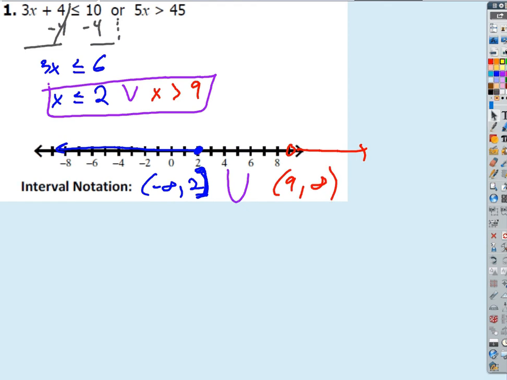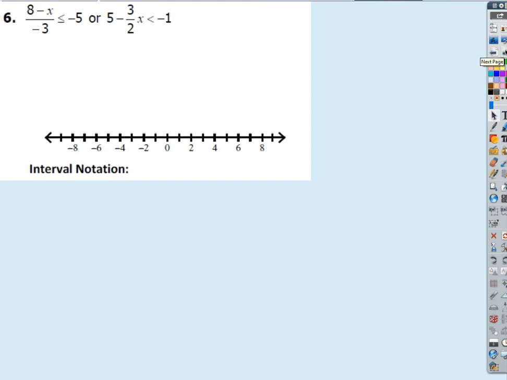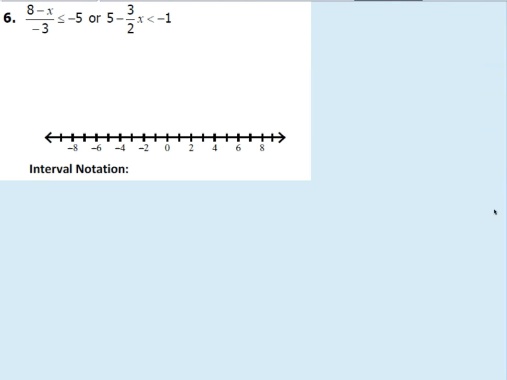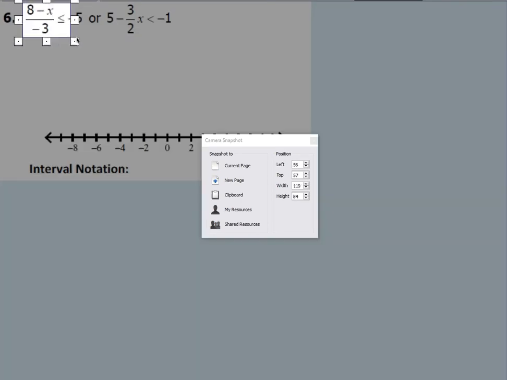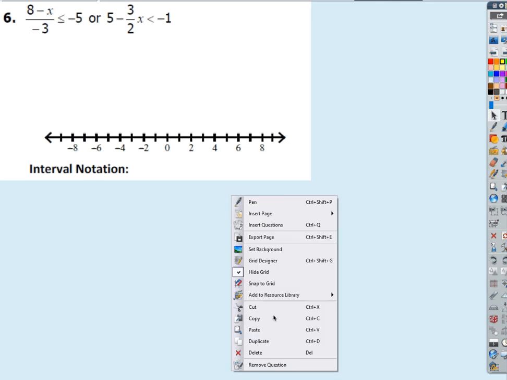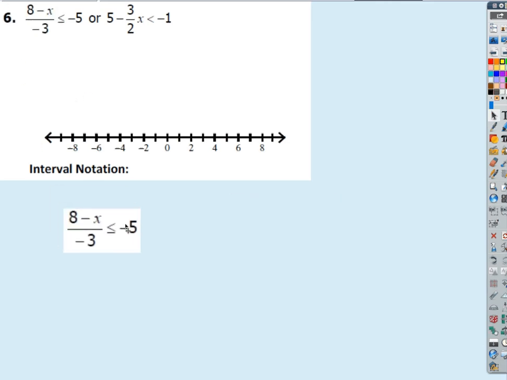Okay, let's try another one. Let's get a little more practice. So what about this one? Let's take this one down here so we can work on it a little better.